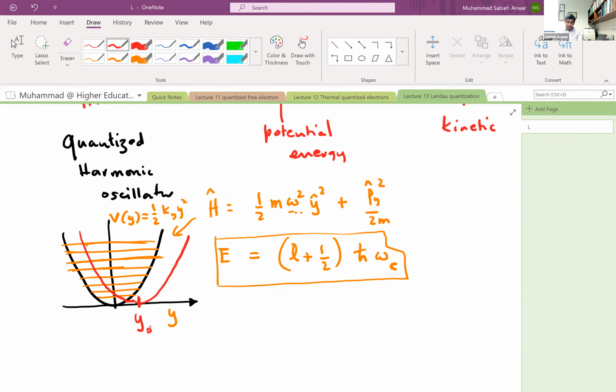So now we can combine the first, second, third, and the fourth terms together, and we can find out the energy for these free electrons when they are exposed to a magnetic field.